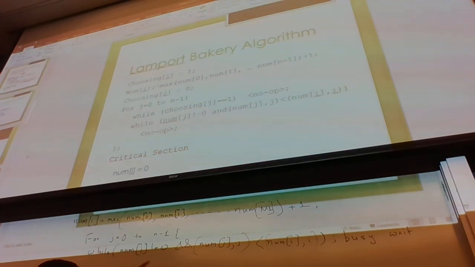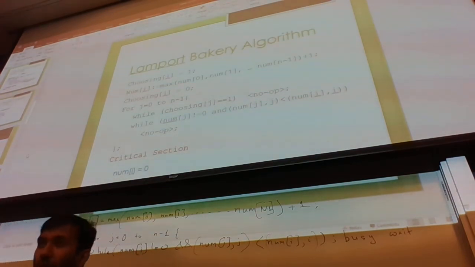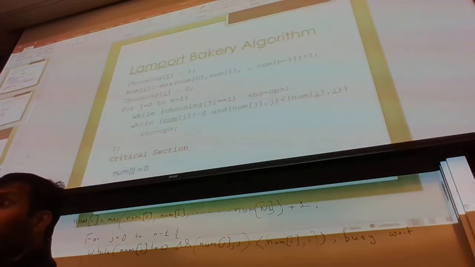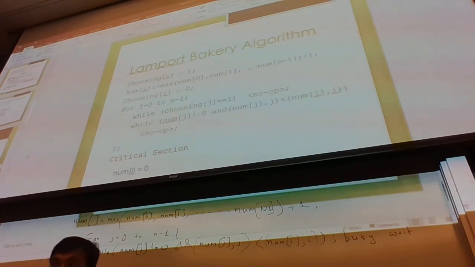First it will look at process 0, which has 0, so it will break. Then it will look at process 1, which is itself, so this condition will not be satisfied, so it will break the while loop. Then it will look at process 2, which is 0, no. Then it will look at process 3, which is non-zero, num of process 3 is 1.